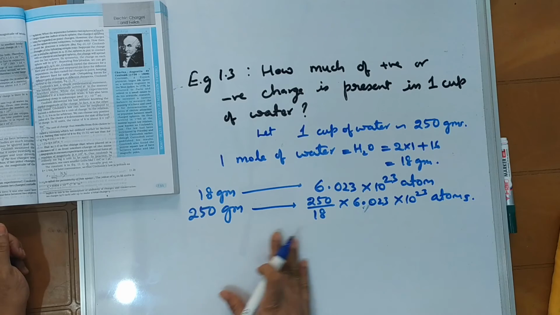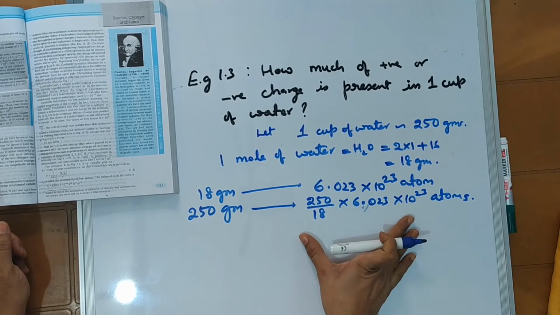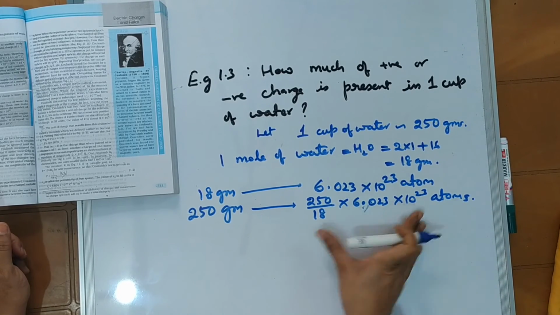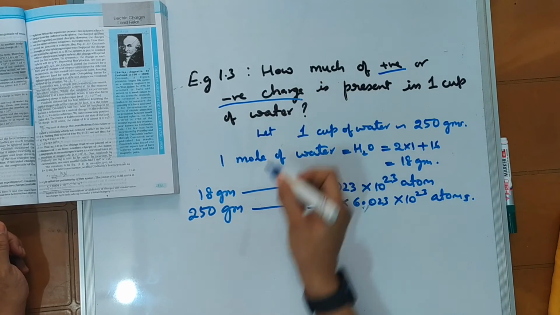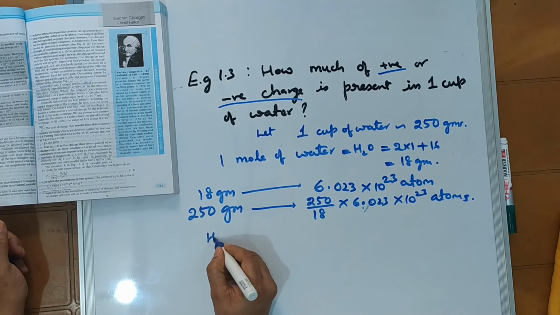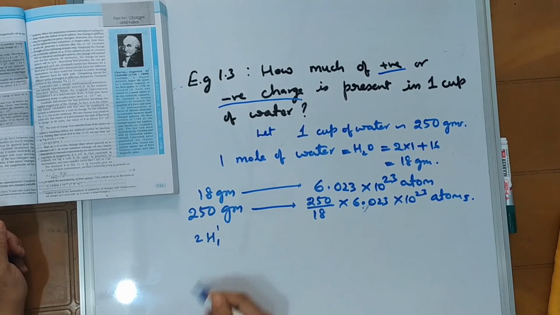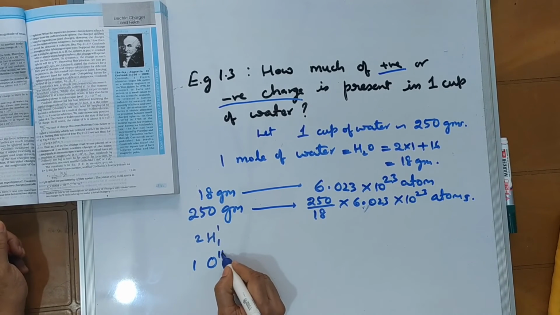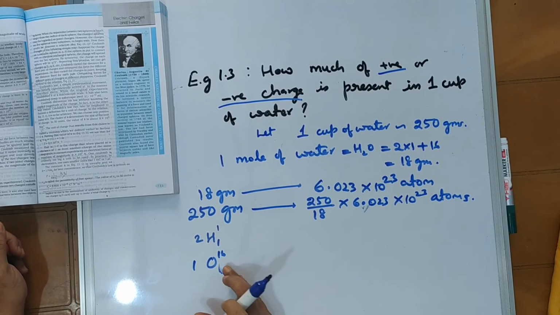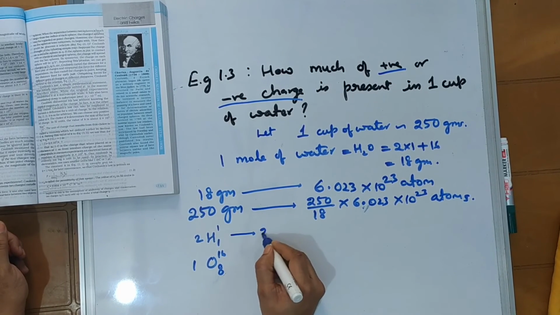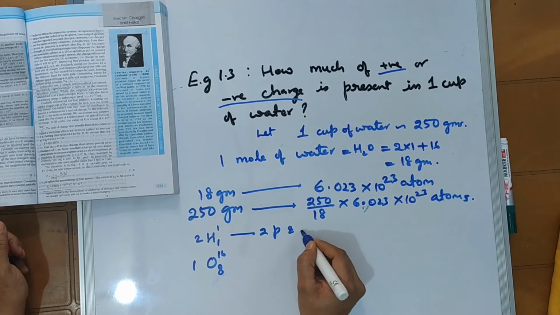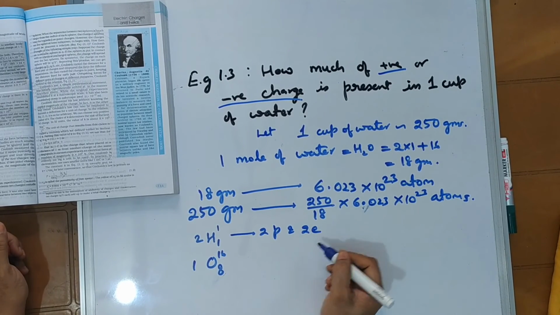Now, a cup of water has this many atoms. This many atoms has how much positive charge and how much negative charge? Here, 2 hydrogen, and there is 1 oxygen. Each hydrogen has 1 proton and 1 electron, so 2 protons and 2 electrons.